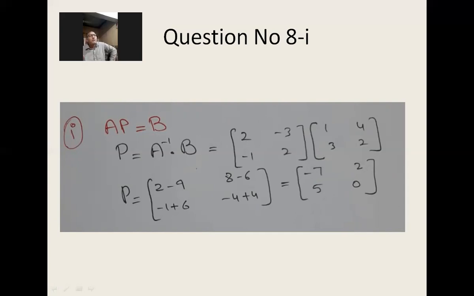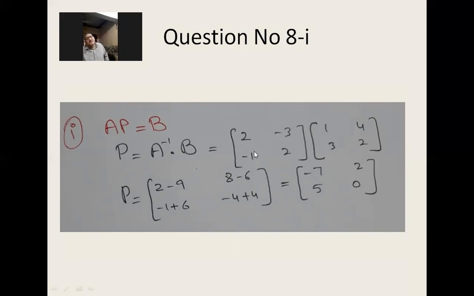When we multiply 2 matrices, the rows from the first matrix multiply with the columns in the second matrix. So from here this is the first row, and from here this is the first column, and then this row will multiply with the second column. So you will have 2 into 1, 2, minus 3 into 3, that is minus 9. Now this row will multiply with this column: 2 into 4, 8, minus 3 into 2, minus 6.